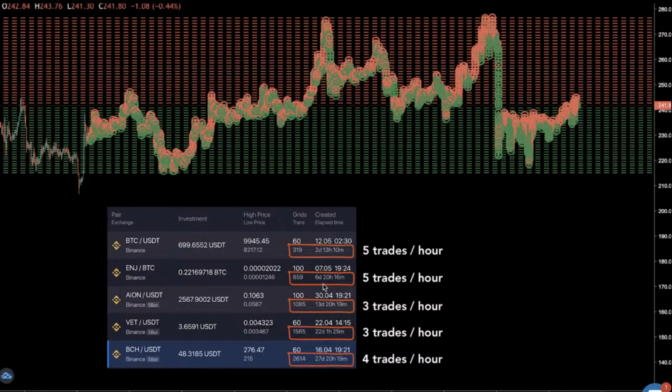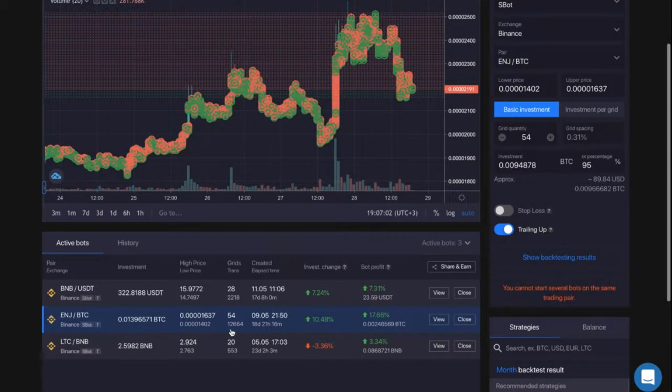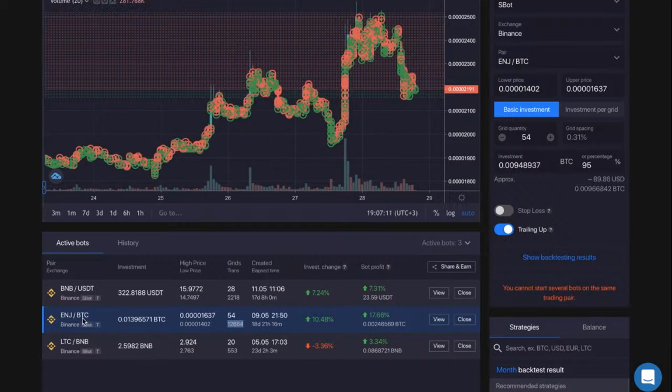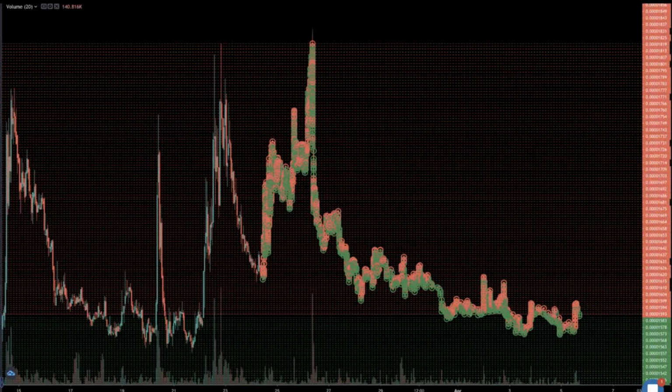There are actually some trades, for instance, I can show you right now. I have in total 12,000 trades only within the period of 18 days for NG trading to BTC. So ask yourself, can you make 12,000 trades within this period of time? I doubt it. So the idea is that the bot is buying low and selling high, like this.